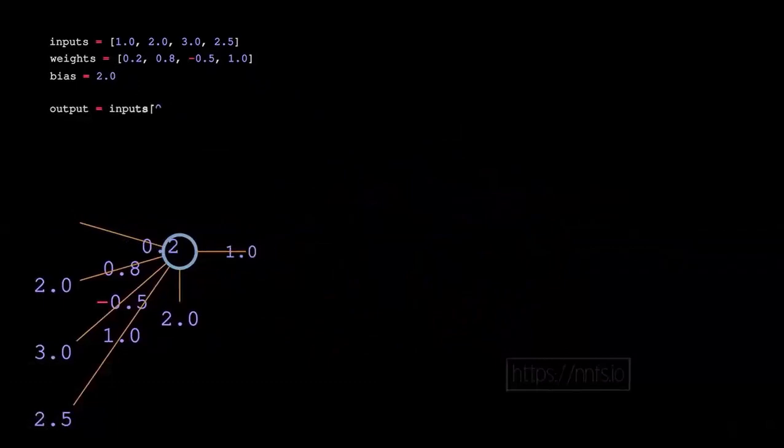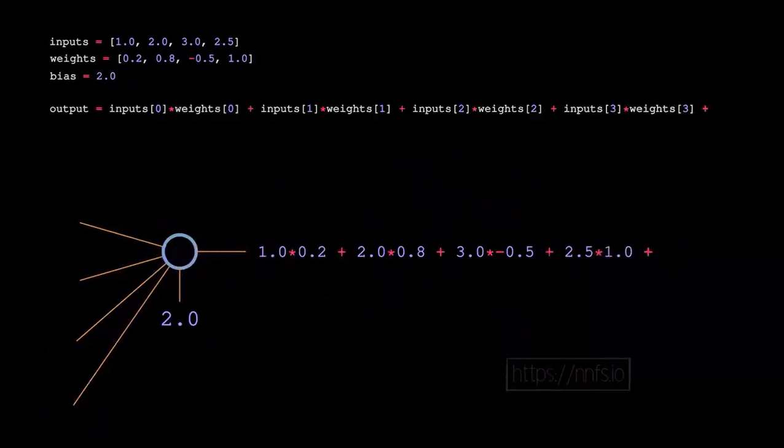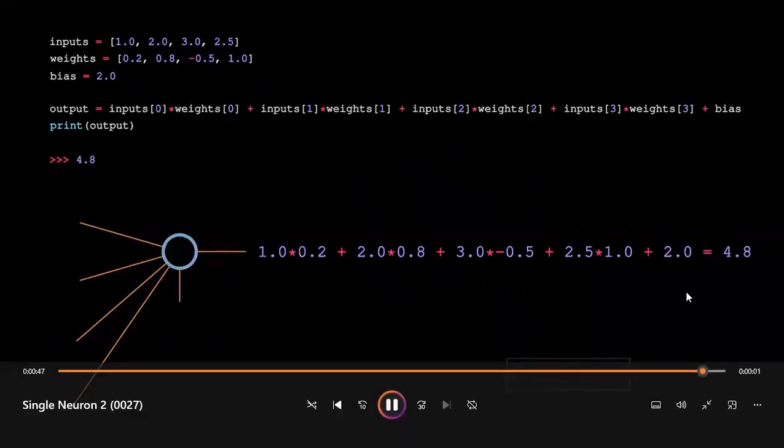That's it, no matter how many features. All right, the result is 4.8. Good. So I hope you understand the neural network.